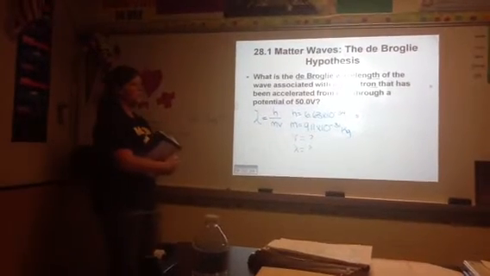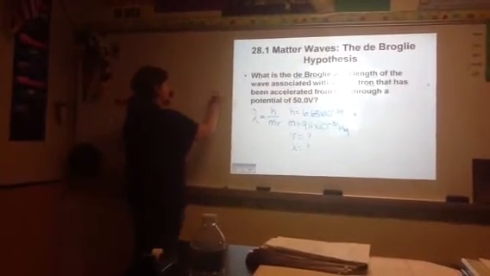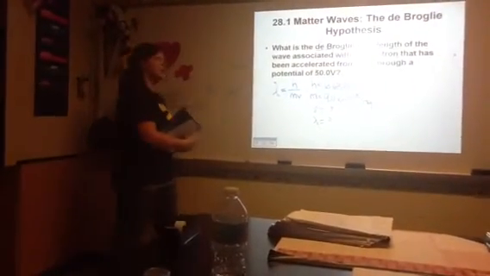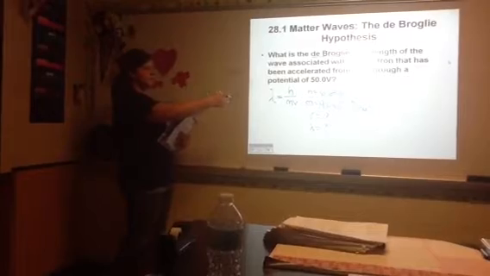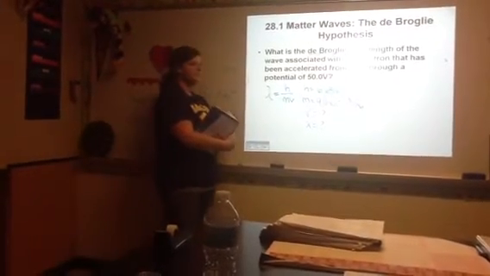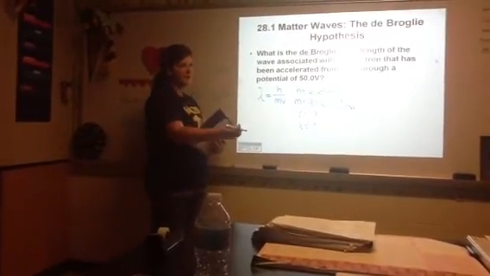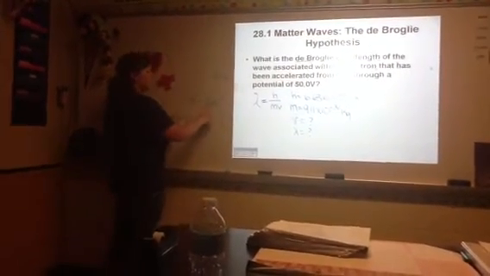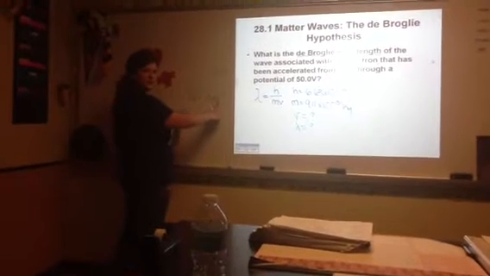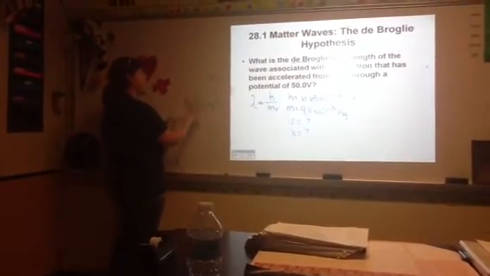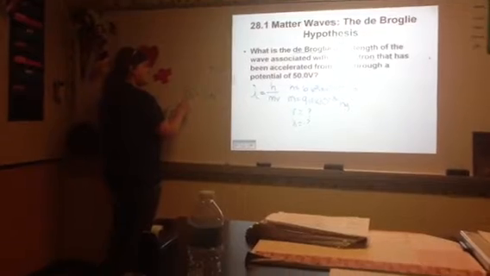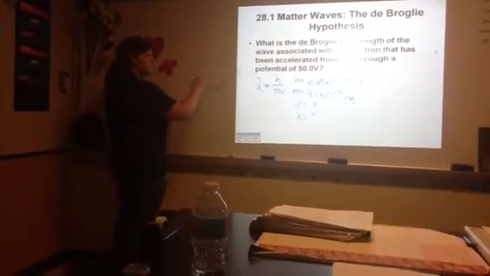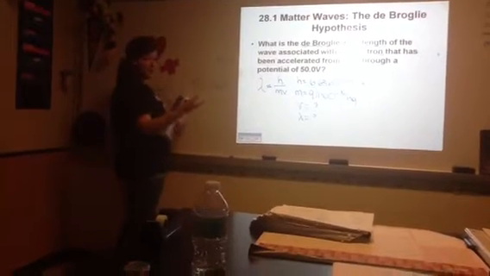They gave you a voltage, 50 volts, and we know that voltage is going to accelerate these electrons. As they are accelerated, that means they have a certain amount of kinetic energy. I know the mass of the electron, and I'm trying to find the velocity. They indirectly gave me the kinetic energy. 50 volts is my electric potential.